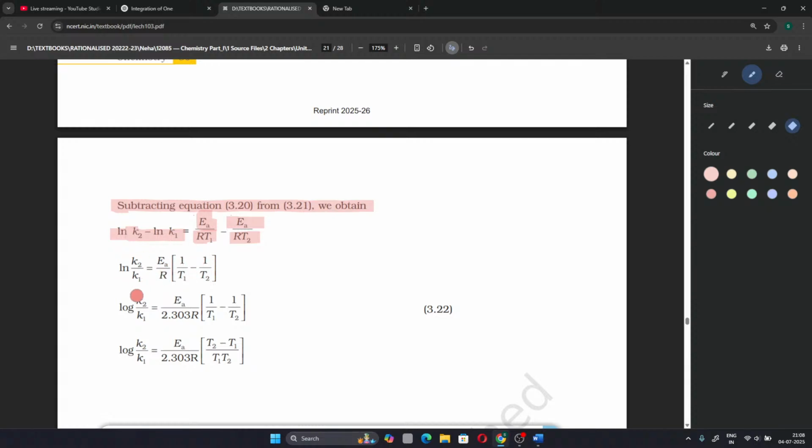Here the constant terms are the activation energy and the gas constant, so we take them common. And ln K2 minus ln K1 equals ln K2 by K1. Converting to log, we get log K2 by K1 equals EA by 2.303 R times 1 by T1 minus 1 by T2.